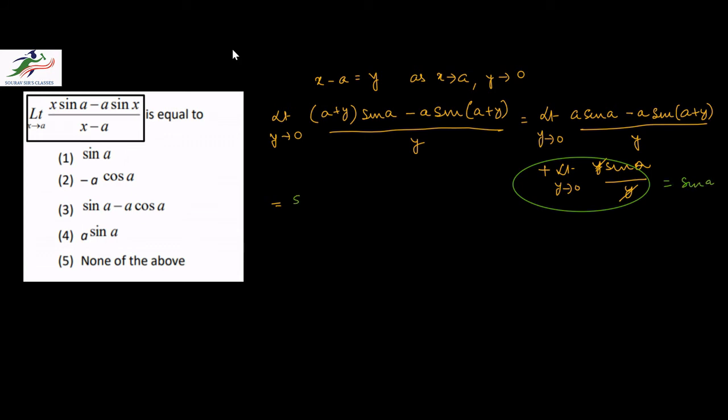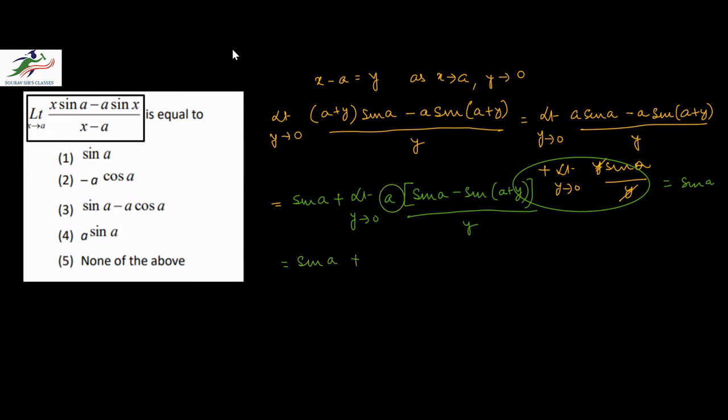So we can write this as sin a plus the limit as y tends to 0. We take a common and we can write this as a times sin a minus sin of a plus y over y. So now we can take the constant term out of the limit.